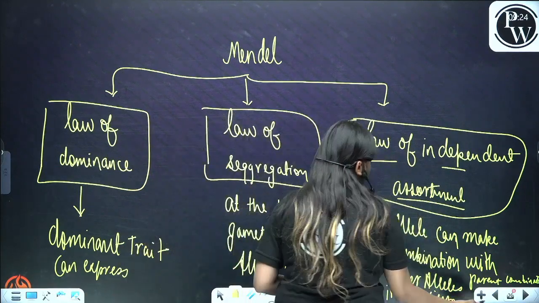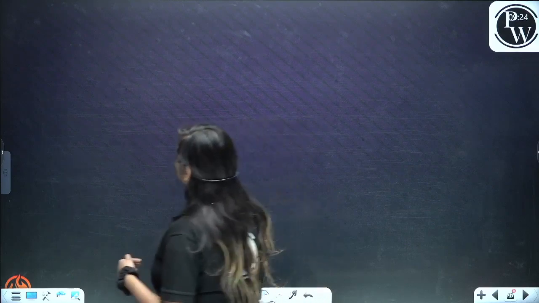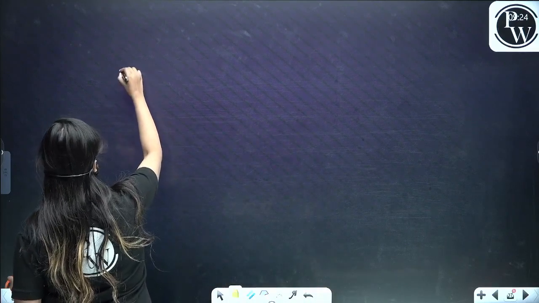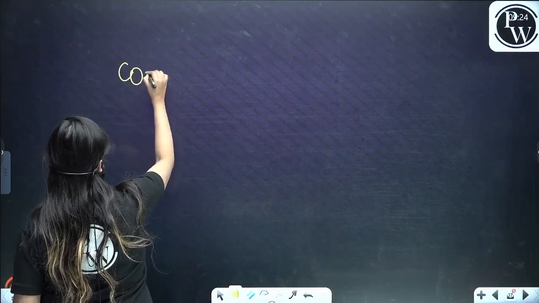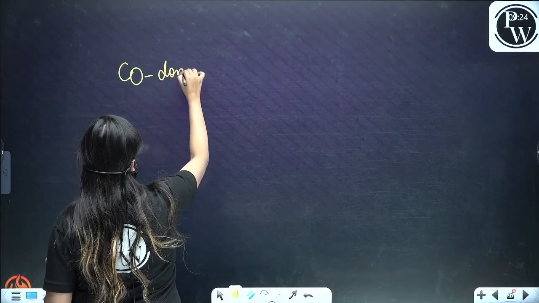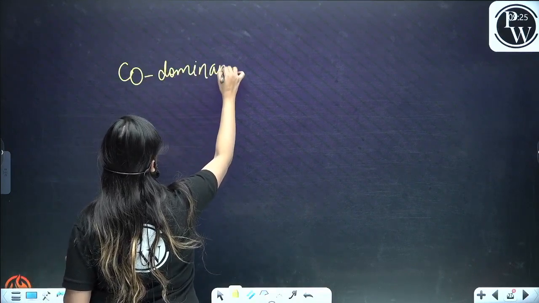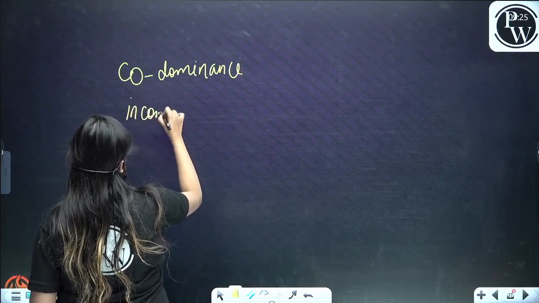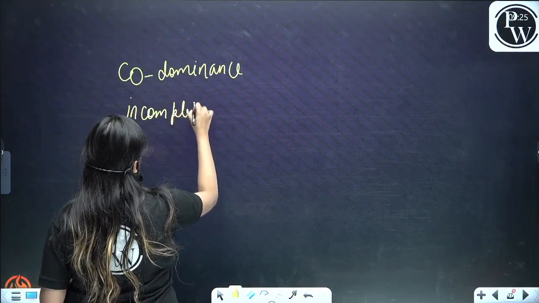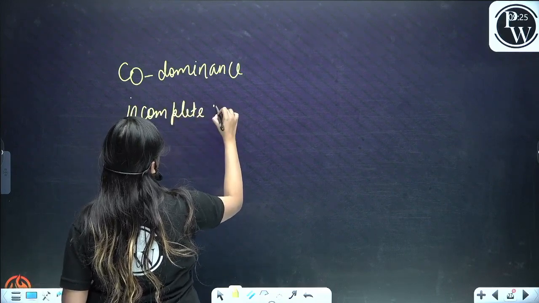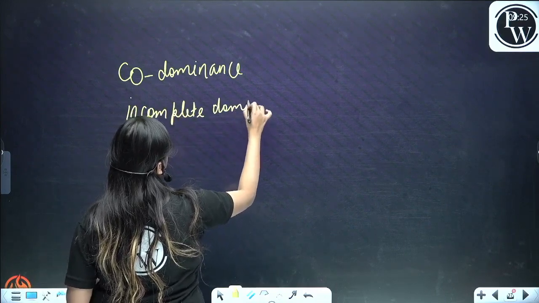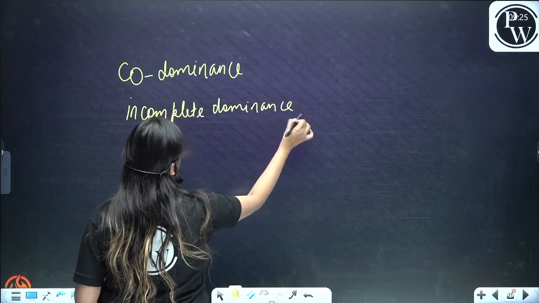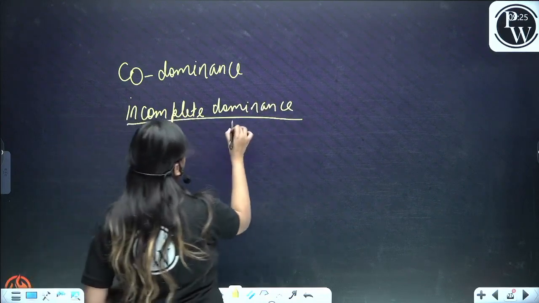But laws always have exceptions, because laws are meant to be broken. So there are exceptions to Mendel: codominance and incomplete dominance. Let me take an example of incomplete dominance: skin color.